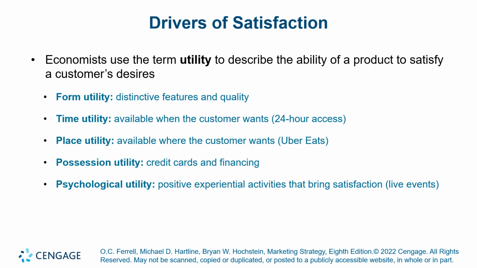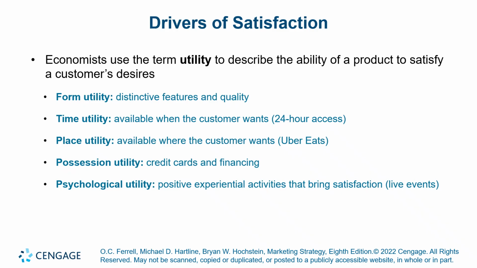The first type of utility is form utility, the distinctive features and quality of the product. Let's say you have a cell phone. It can serve as a little computer, make phone calls, and also offer browsing ability. That's your form utility.